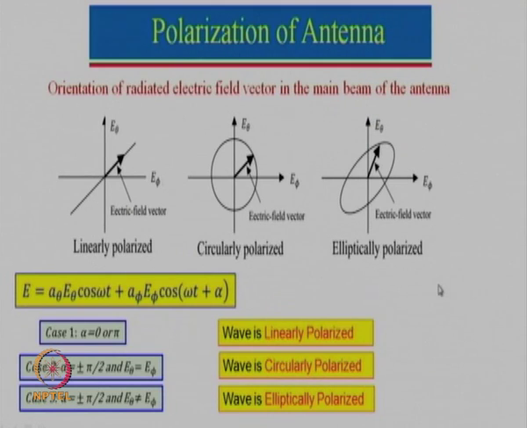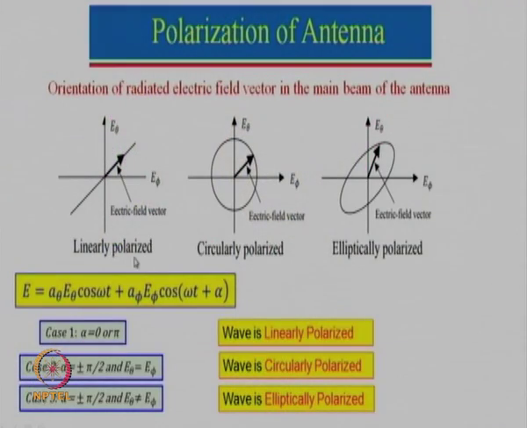Polarization of the antenna: we saw in the very introductory lecture there are different types of polarization. So here are more details. We have three main types: linearly polarized, circularly polarized, elliptically polarized. In fact, elliptical polarization is the most general form.